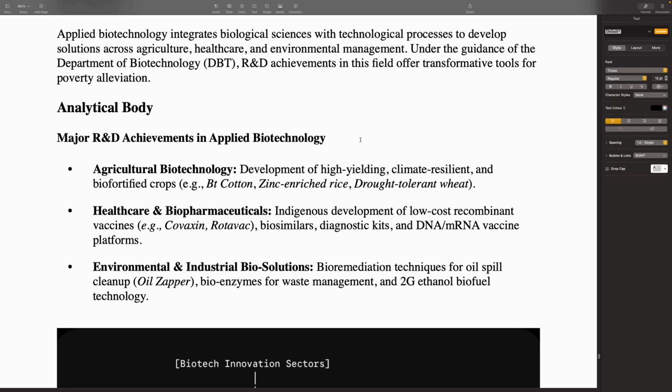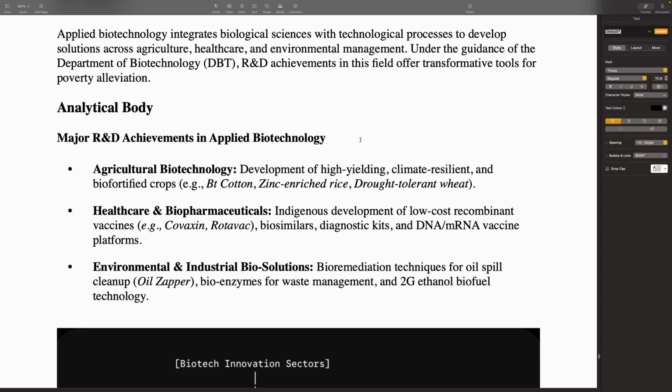Major R&D achievements in applied biotechnology. Agricultural biotechnology: development of high-yielding, climate resilient, and biofortified crops, for example Bt cotton, zinc-enriched rice, drought tolerant wheat. Healthcare and biopharmaceuticals: indigenous development of low-cost recombinant vaccines, Covaxin, Rotavac, biosimilars, diagnostic kits, and DNA and mRNA vaccine platform.